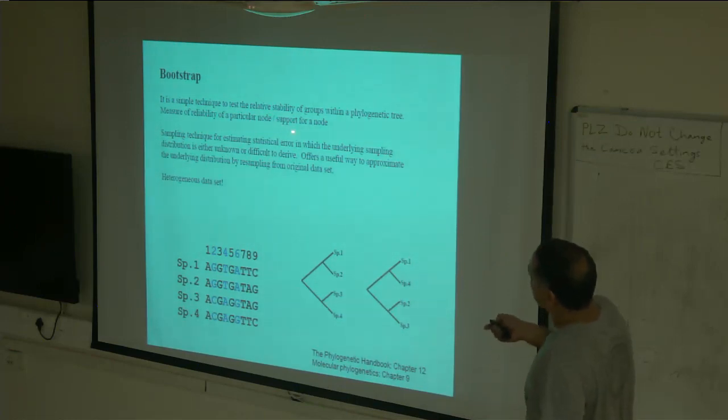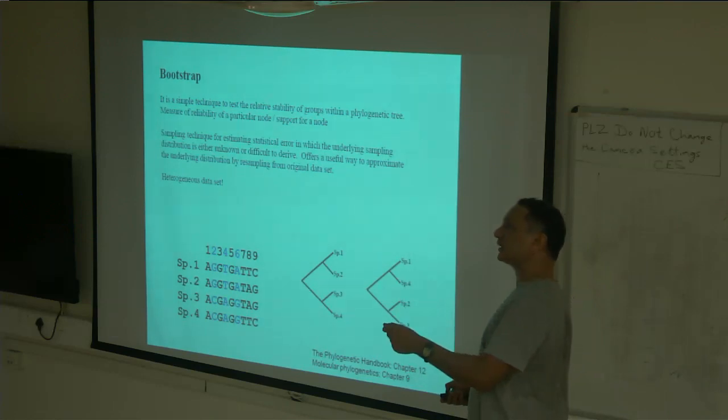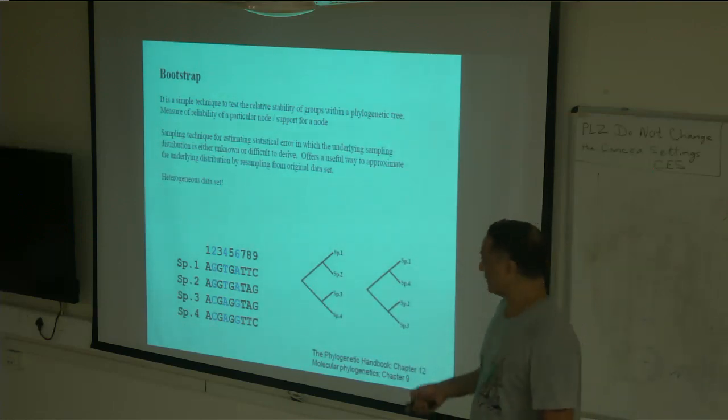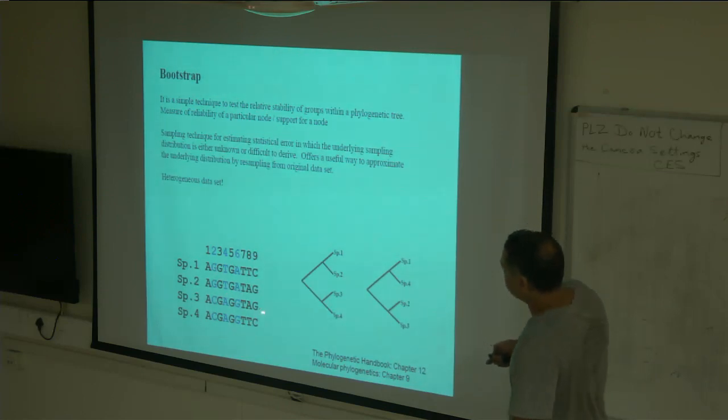Okay, what does this node support mean? So how much support is there in your data set for that node? To illustrate that example, here's again the tree, and there are 2 phylogenies.